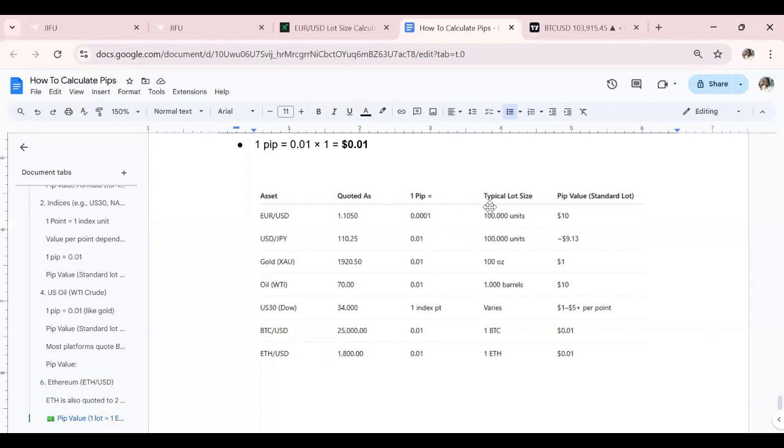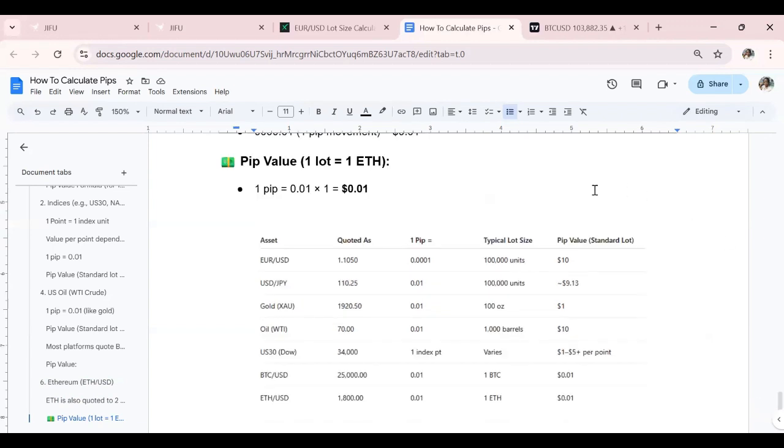Of course, all of these are standard lot sizes. And for the standard lot sizes, we've calculated the pip value. So this brings us to the end of how to calculate pips. And like I said, you don't have to know this because everything is already almost on autopilot these days.